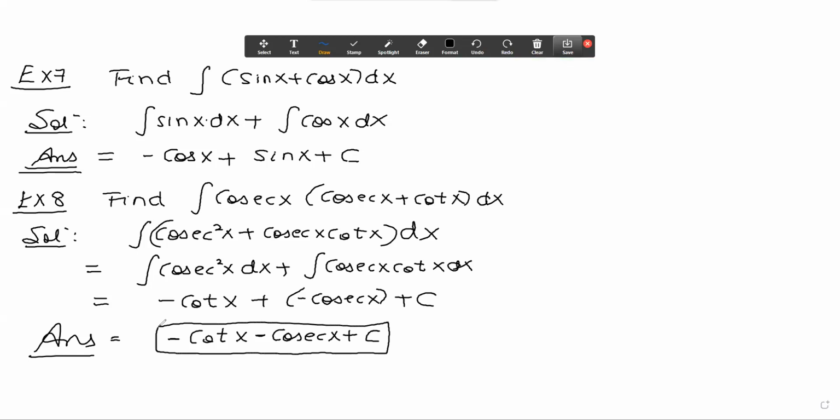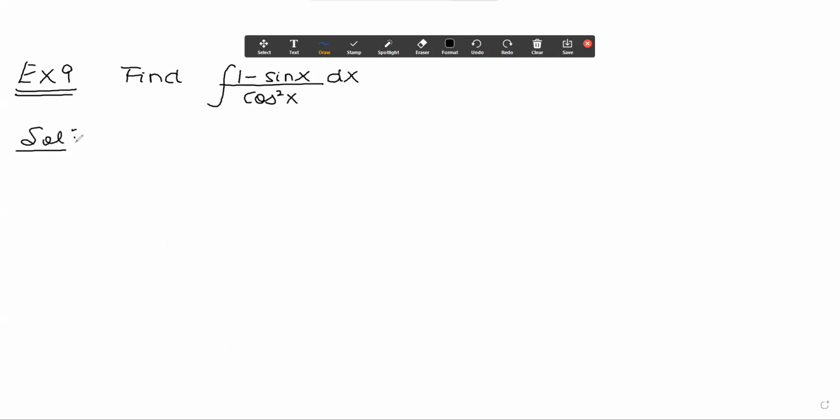Okay. Next example, example 9. Find the integral of (1 minus sin x) upon cos square x dx.